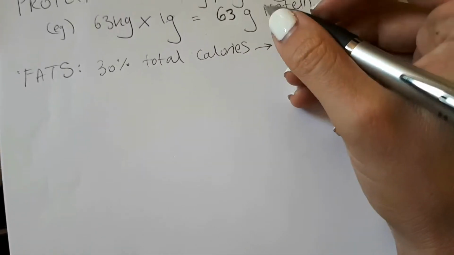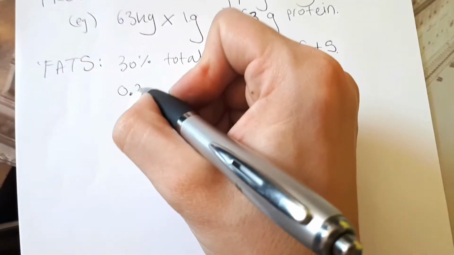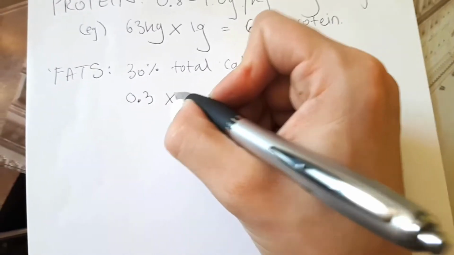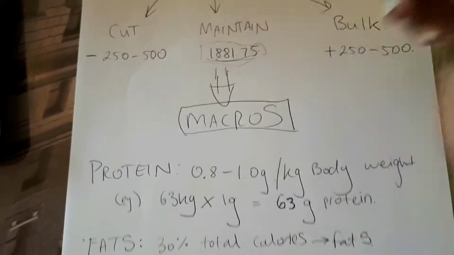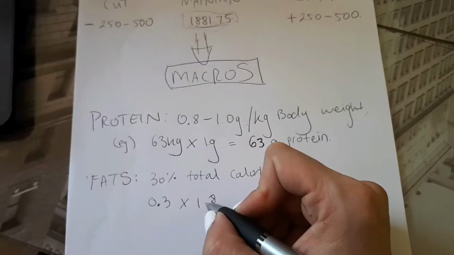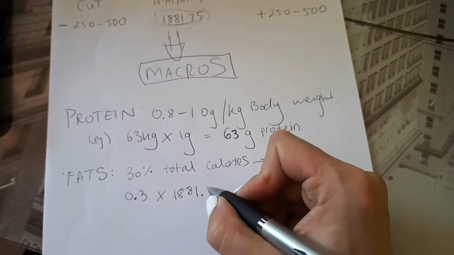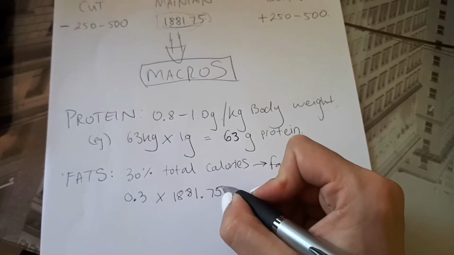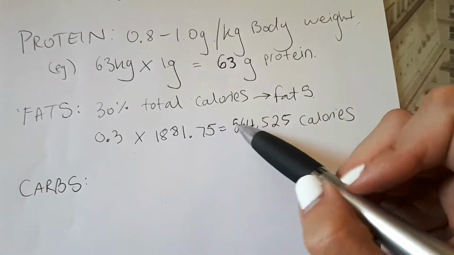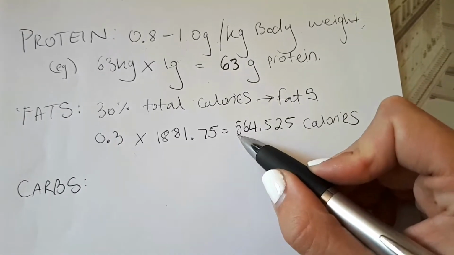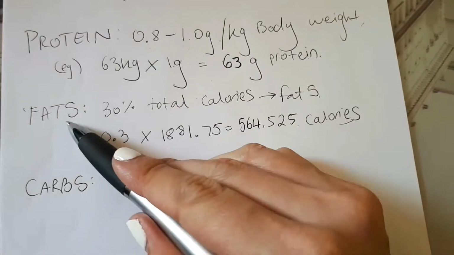Okay, so the equation is 0.3 times, because for the purpose of this video I am just going to use my maintenance, 1,881.75. Okay, so I worked it out. It is 564.52 calories that will come from my fats.